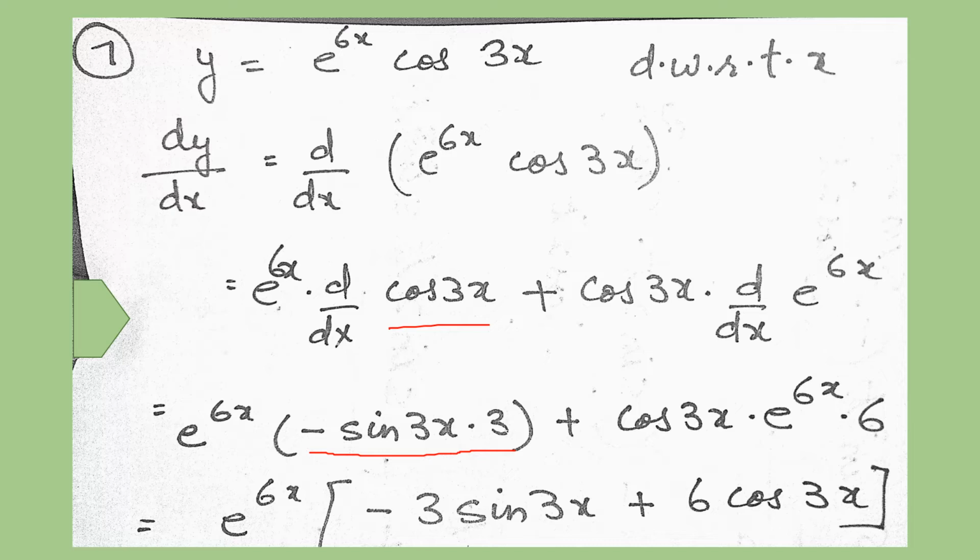Now cos 3x as it is multiplied by the derivative of e power 6x, which will be e power 6x as it is multiplied by 6, which will be the derivative of 6x, right? So now from this term you can take e power 6x common. You will get the answer minus 3 sine 3x plus 6 cos 3x. This you got dy by dx.